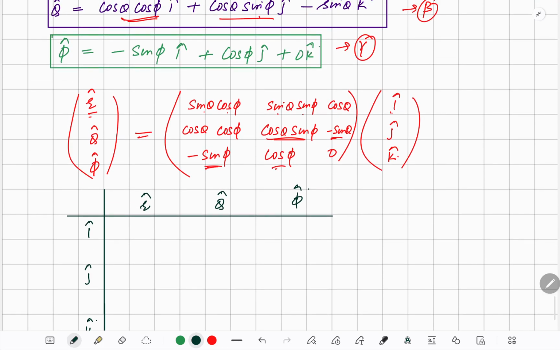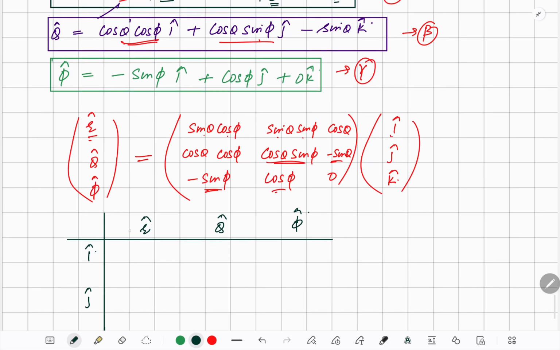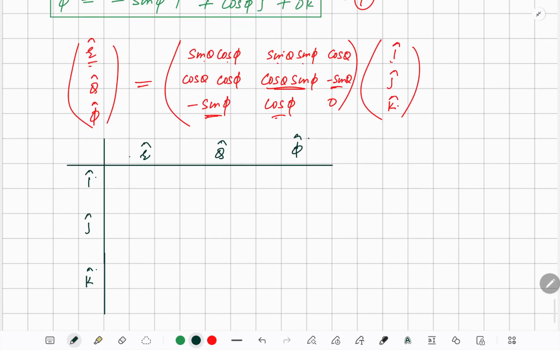Okay, so now we have to write i dot r cap. Dot product, because when we do the transformation matrix, you will face these i dot r cap, i dot theta cap, i dot phi cap, j dot r cap, all these things while transforming.